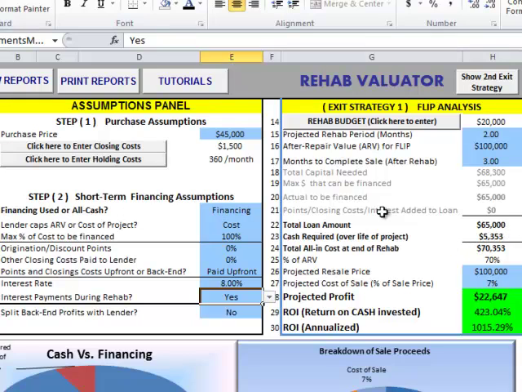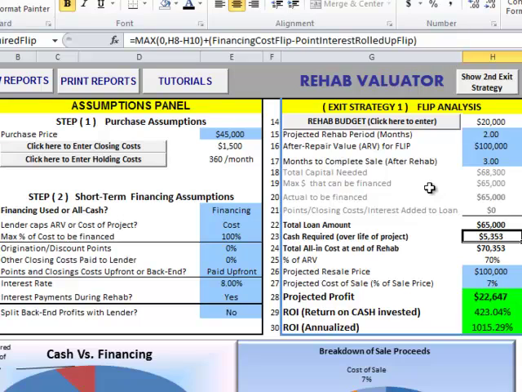You can obviously negotiate to have closing costs and holding costs be paid by the lender as well, but for now we'll assume that that money is coming out of your pocket, but 100% of the purchase and 100% of the rehab budget is coming from your private lender. But you can see, if you're making interest payments during the rehab phase, and we're assuming it's going to take you 2 months to renovate and 3 months to sell, your cash required is $5,300.